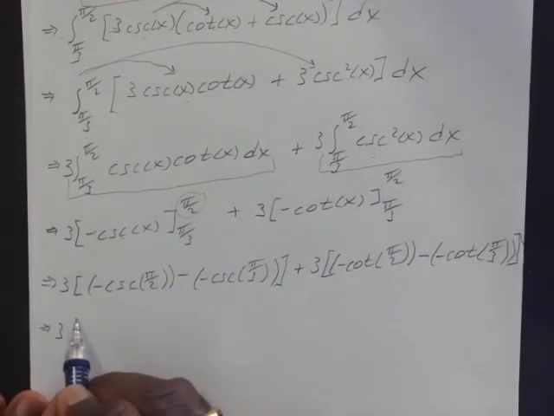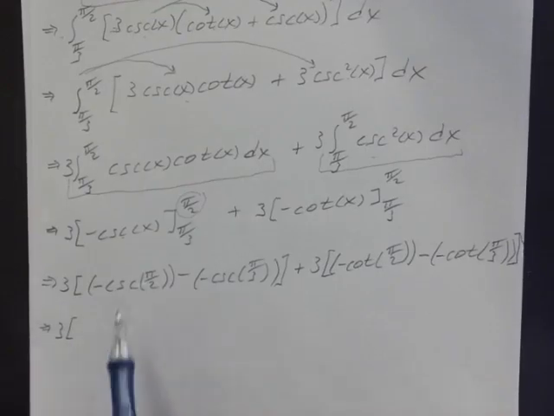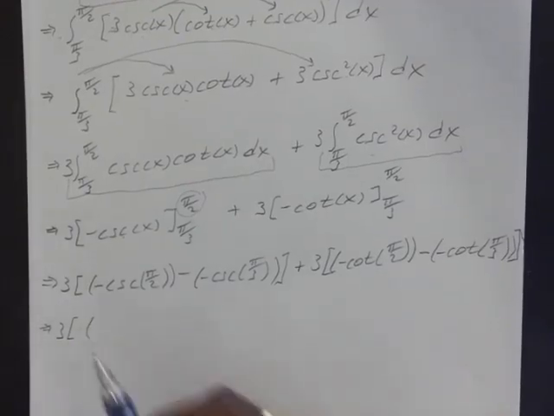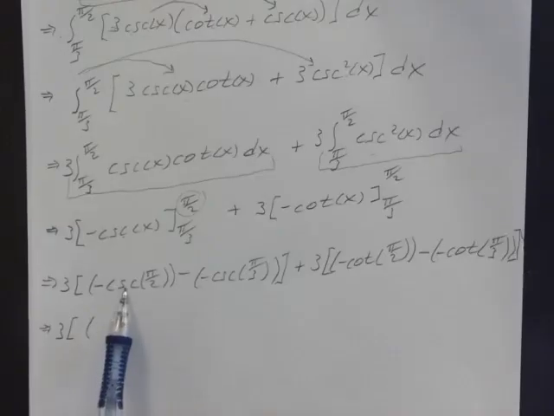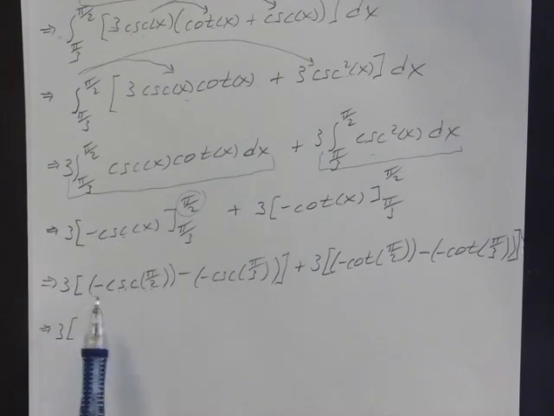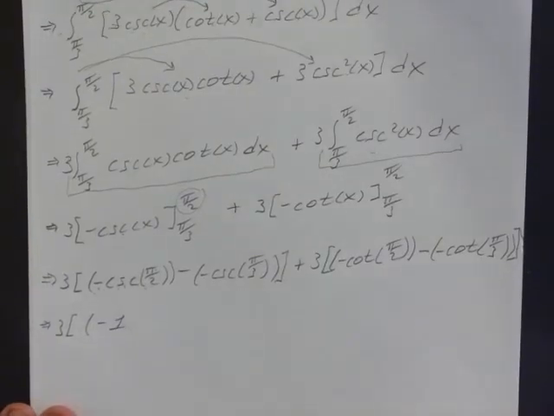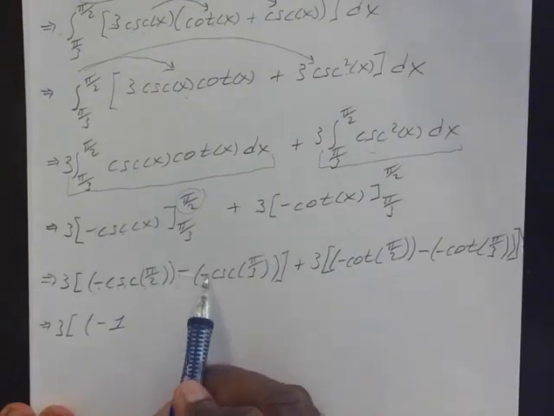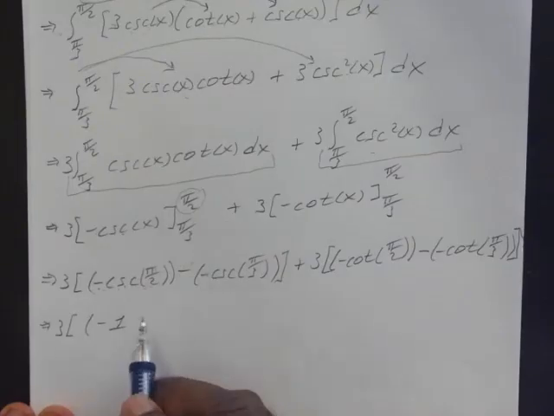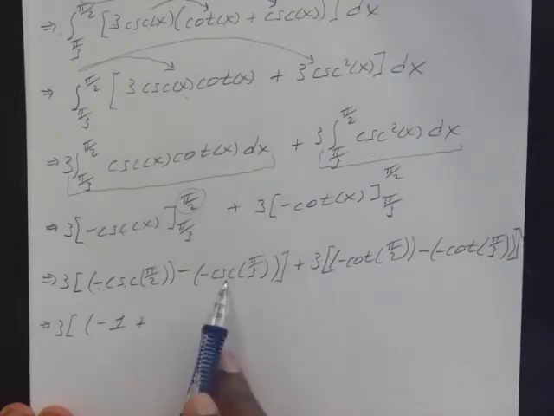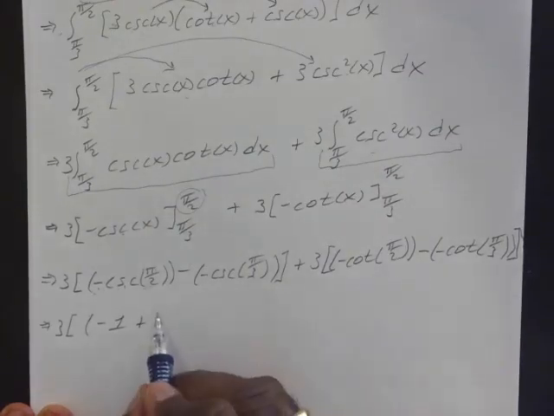Okay, so that gives us 3 times. We have negative cosecant of pi over 2. Well, cosecant of pi over 2 is positive 1, and that will make that negative 1. This minus negative turns this plus, and cosecant of pi over 3 is 2 square root of 3 over 3.